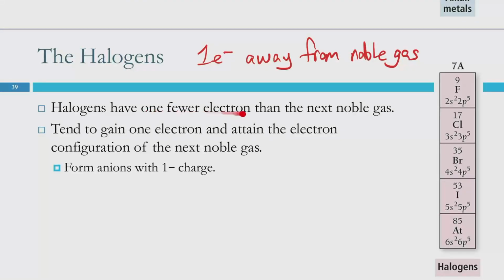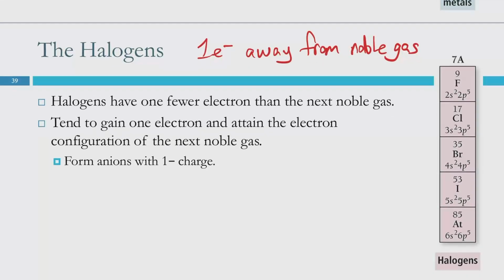So halogens have 1 fewer electron than the nearest noble gas, the next noble gas. So these tend to gain 1 electron. When they gain 1 electron, they get the noble gas configuration. So these form 1 negative charge. So these are all also very reactive.